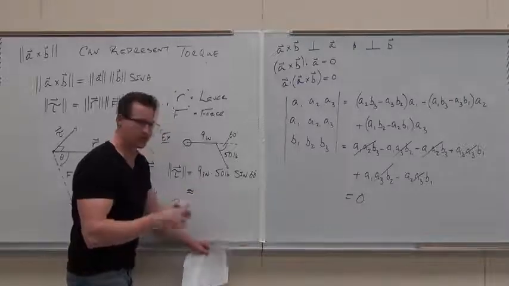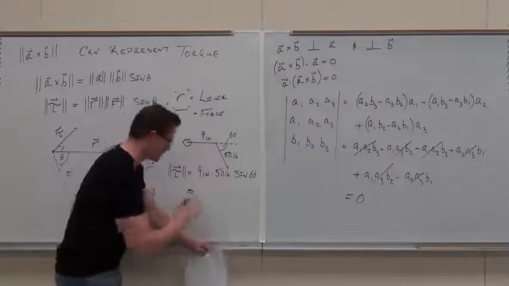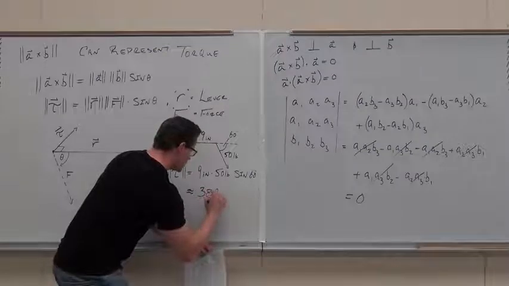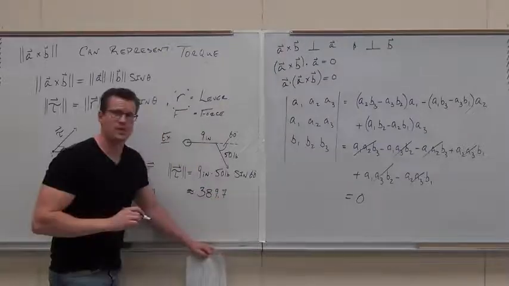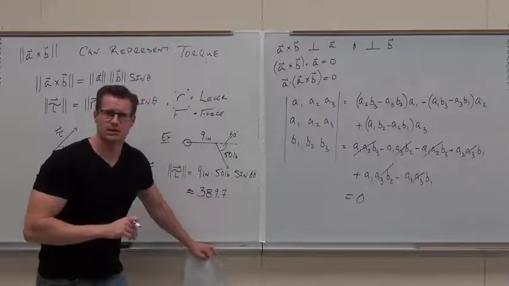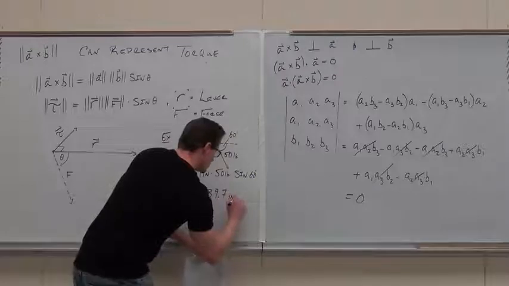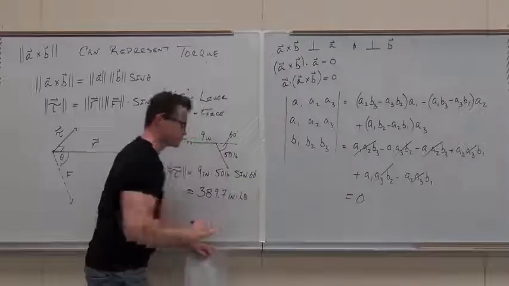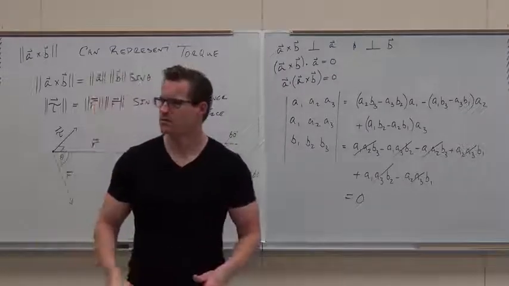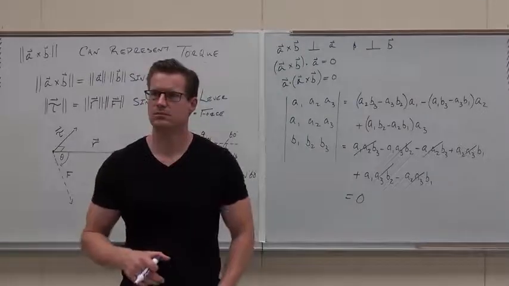It should be like 300 something. 389.7. What? Pounds. Not poundage. Inch-pounds. Could you change it to foot-pounds? Yes. How?